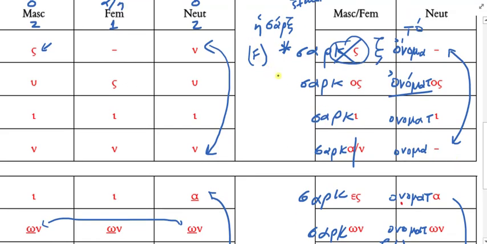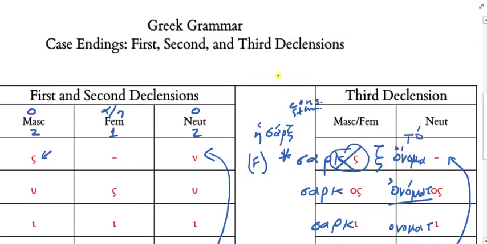Where will we have the most problems with seeing what we're really looking at? Okay, so for the nominative and accusative singular neuter, we're going to have problems there, right? Because if we have a tau, it will fall off. And where else are we going to see problems?